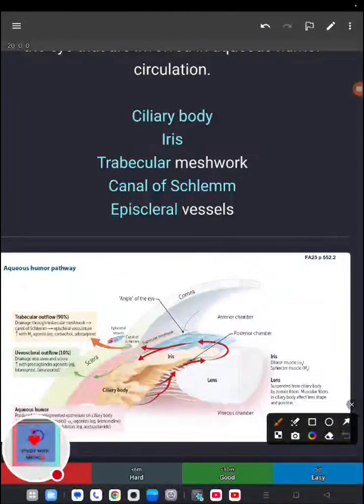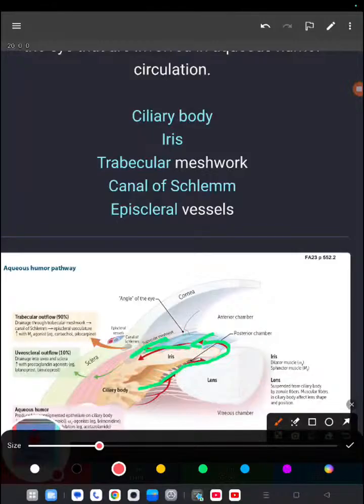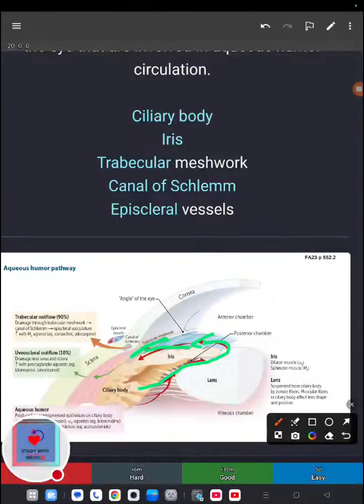This is the lens, the anterior chamber, and the posterior chamber. And here is the trabecular meshwork, and that is the uveoscleral outflow.